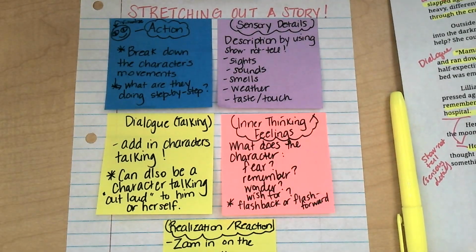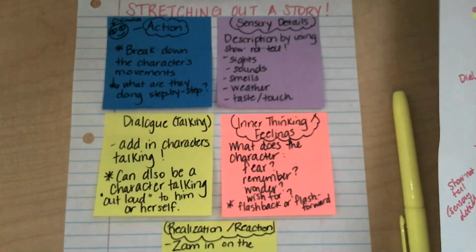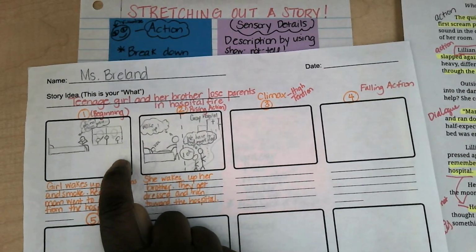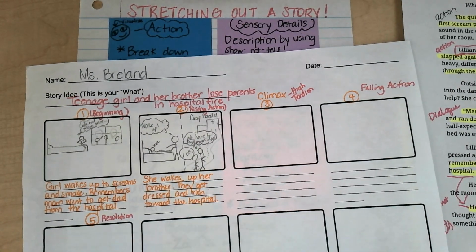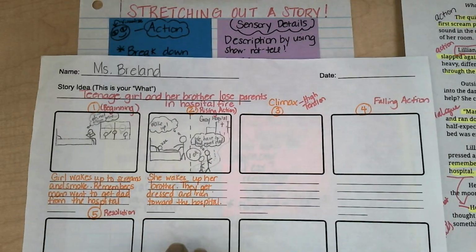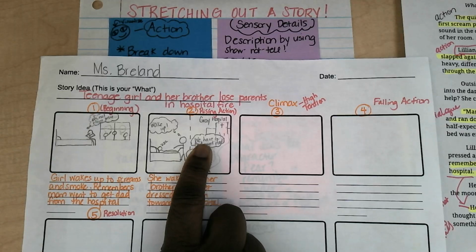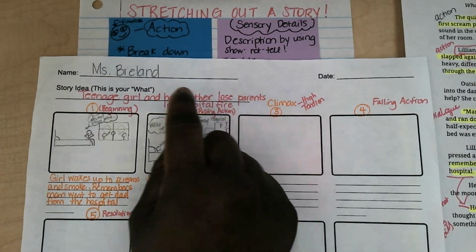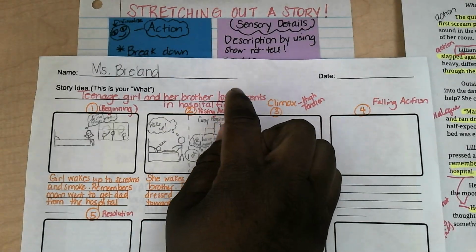Okay, and so I want to thank you for supporting your writer. I can't wait to see how scene 1, the entire scene 1, just 1, turns out. Okay, now if your writer is ambitious, because they have their storyboard all mapped out for 5 scenes and they want to continue to go, what I do ask is that they indicate scene 2 in their writer's notebook by putting scene 2.